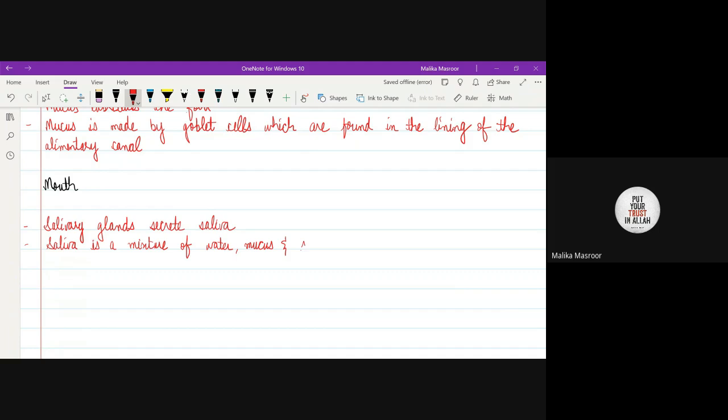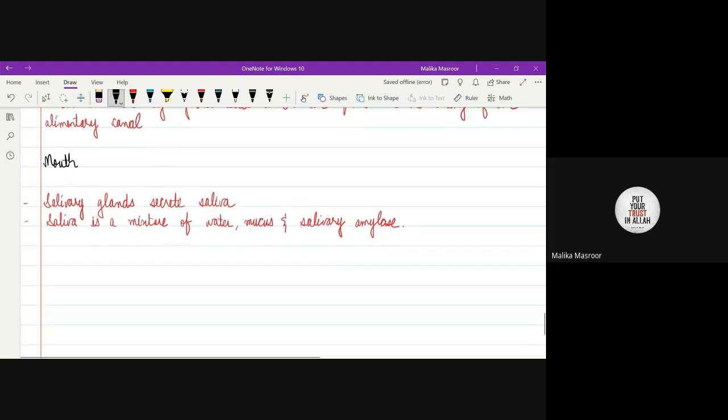Okay, so the bolus then slides down the esophagus. Bolus is that ball of food. Now, second you have is your esophagus.